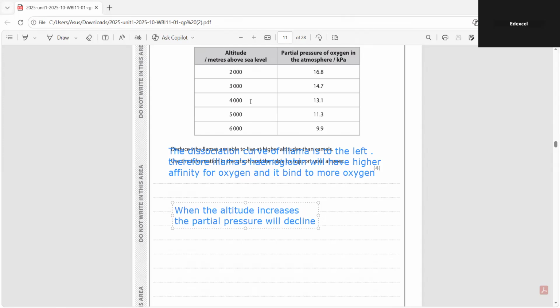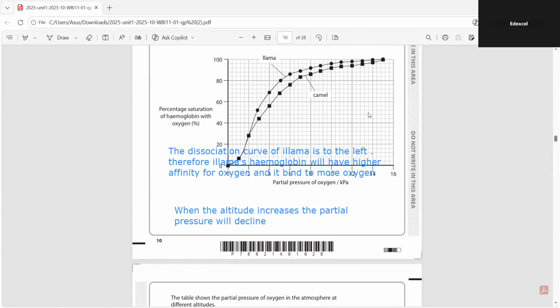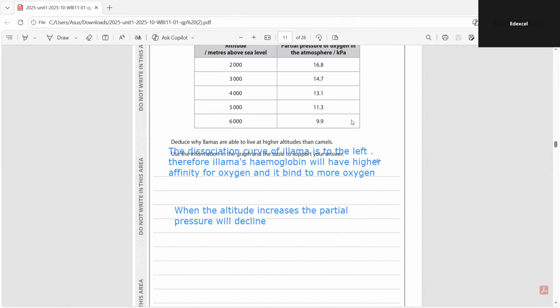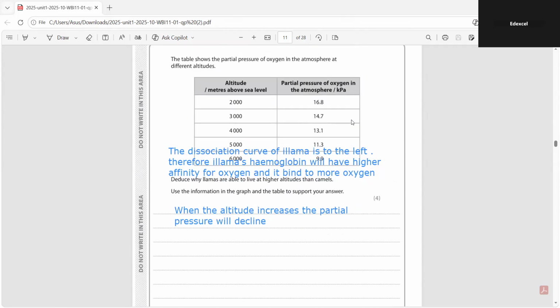Okay. Then another part you can write is that in the graph you can see it's a non-uniform or non-linear graph. So the percentage of saturation of hemoglobin varies non-linearly with partial pressure of oxygen. According to the table also you can see the same way. It is not reducing linearly, it is reducing non-linearly. Okay, so you can write that point as well, which is what?